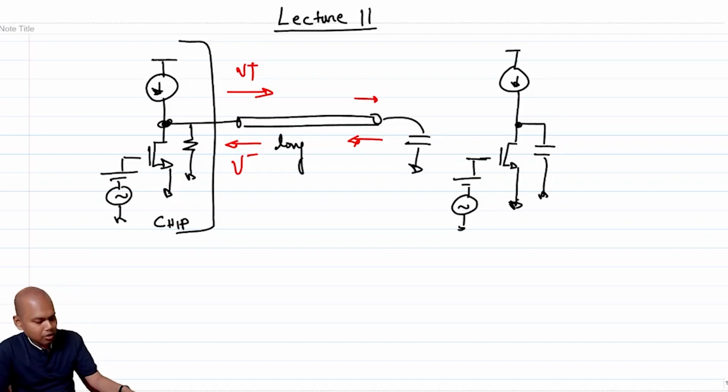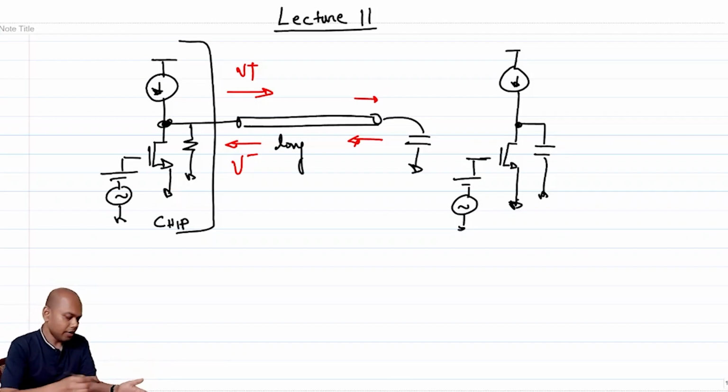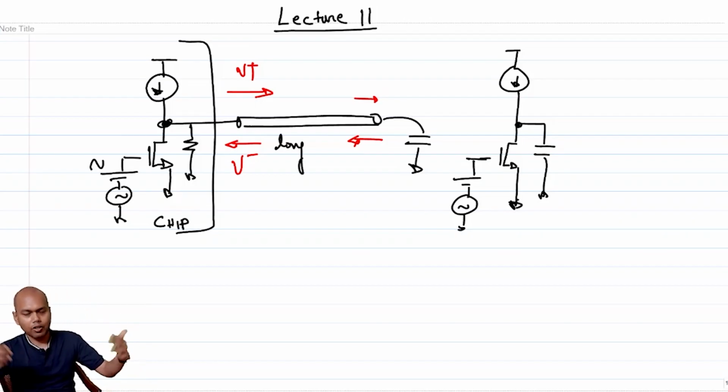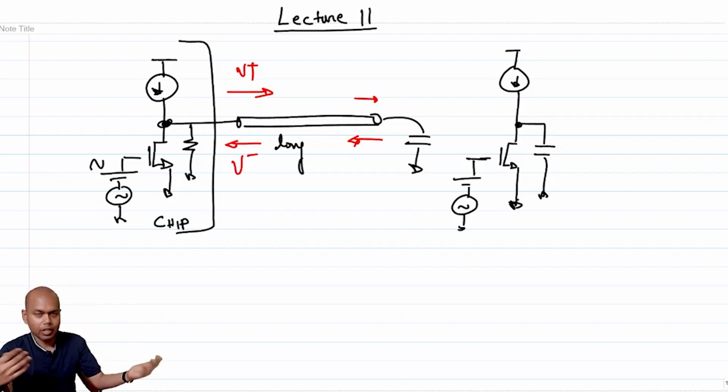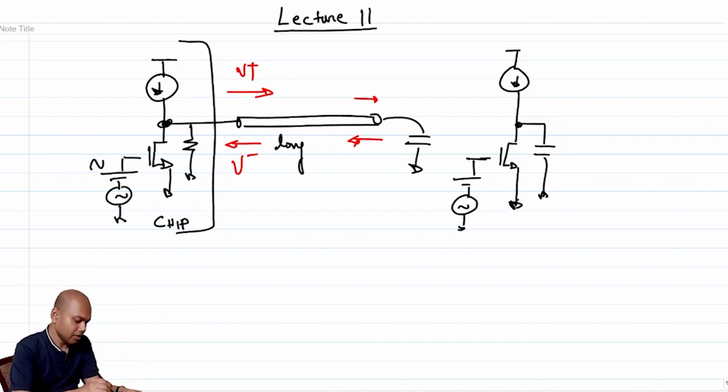Depending upon the length of the line and the frequency of interest, this V plus and V minus can constructively interfere, and you can have really large swings. You are probably anticipating swings of the order of the voltage supply or less, but because of this constructive interference, you can end up having really large swings.